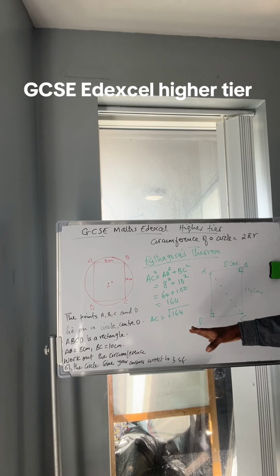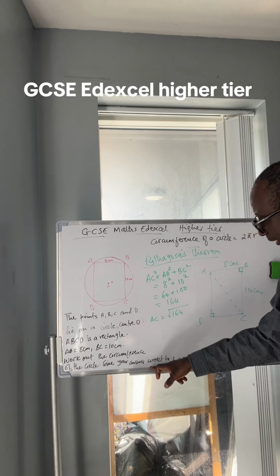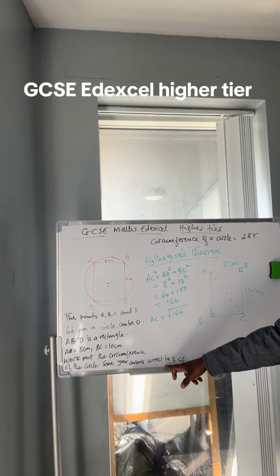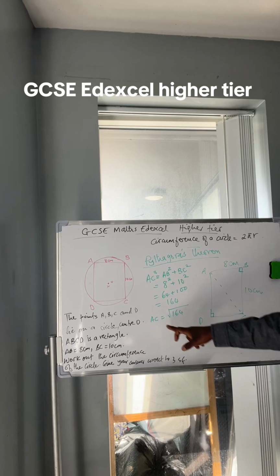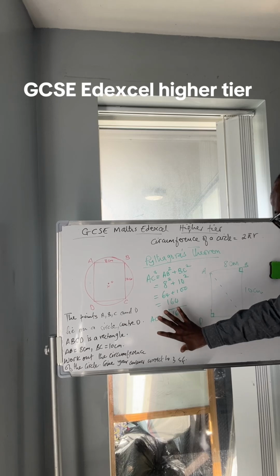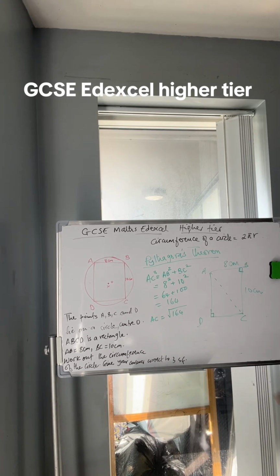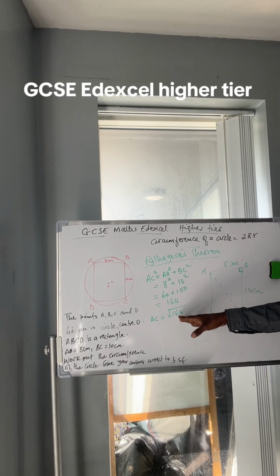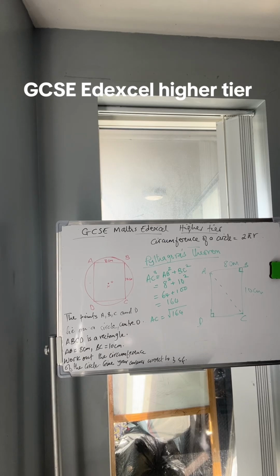You'll get something point something. We don't want that because we've already been told, give your answer correct to 3 significant figures. So because we have this square root sign, let's leave it like this. We now know AC is the square root of 164.